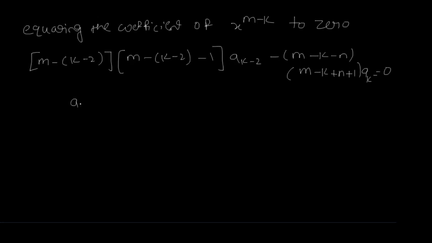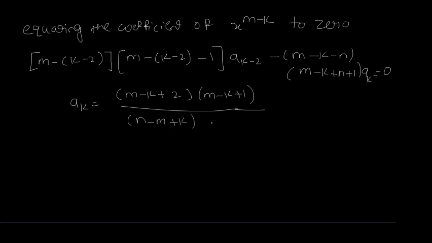So from this we calculate ak equal to m minus k plus 2 into m minus k plus 1 divided by n minus m plus k into n plus m minus k plus 1 ak minus 2.